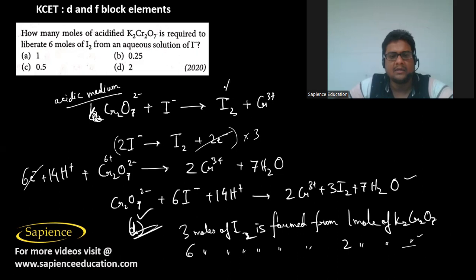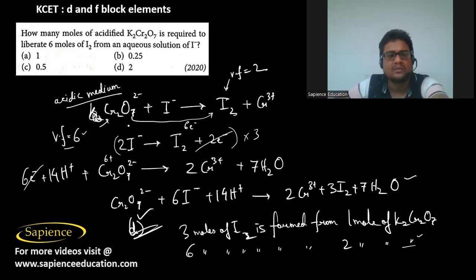So now here for I2 the valency factor is 2, since 2 electrons have been lost by 1 mole of I2, and in Cr2O7 2 minus, 6 electrons are being transferred, so the valency factor of K2Cr2O7 will be 6 here.